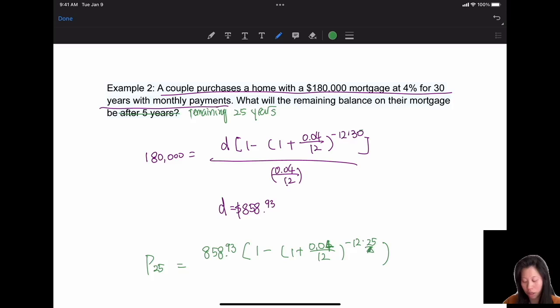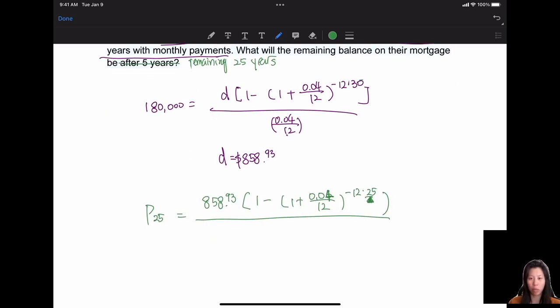So here the time becomes 25 years because you want to know how much you still need to pay, what will be the loan balance over 25 years. Then you will get $155,793.91. That will be the remaining loan balance.